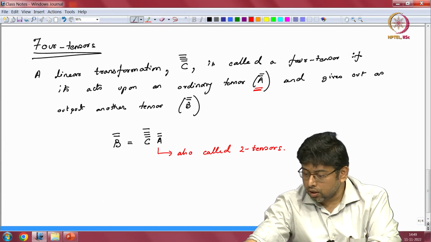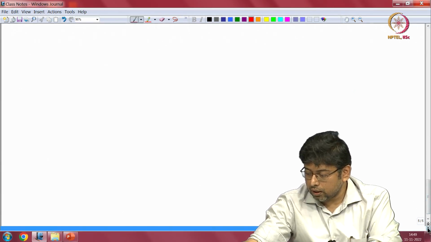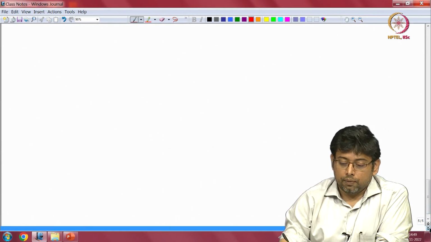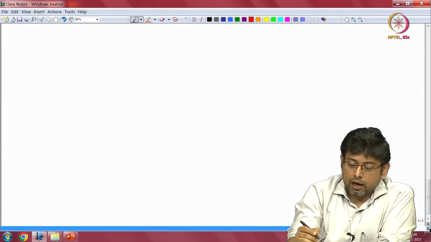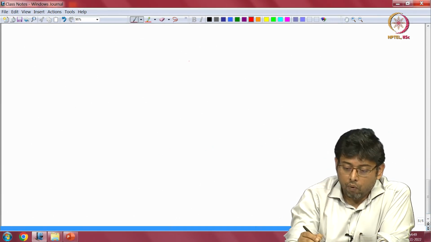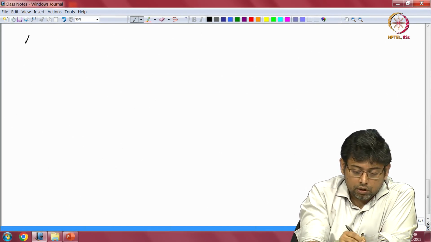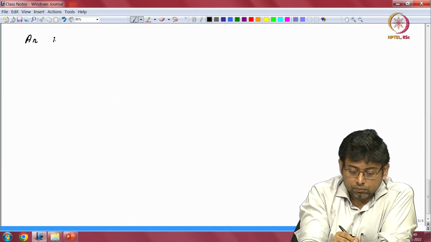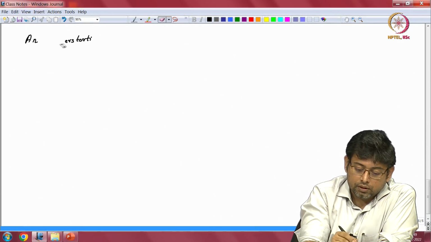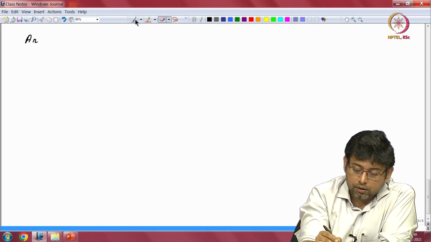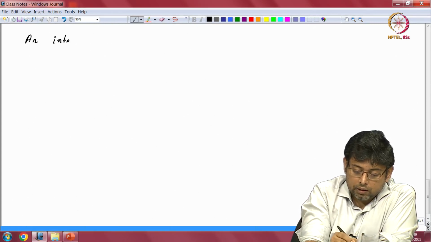Now I want to add a page. Okay, wait a second. Yeah, okay. So I'll give you an example of an interesting tensor, and I want you to work out what this tensor actually does. I'll give you hints also. Sorry, my definition word is incorrect. It is an interesting transformation.